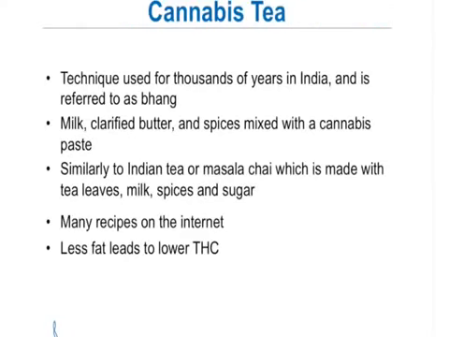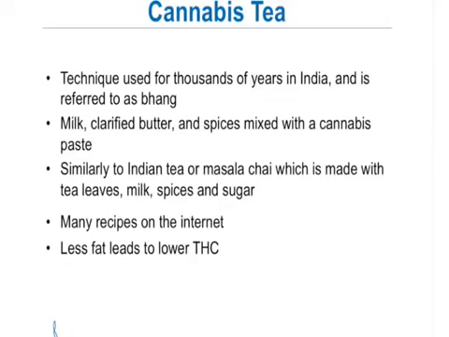Going back to the tea, there's a technique which has been in use for a long time, like thousands of years, and is referred to as bang in India. It's similar to Indian tea or masala chai. And essentially you have a mixture of the leaves, the dried product, milk, spices, sometimes some sugar, sometimes some clarified butter, and it's sort of boiled up.